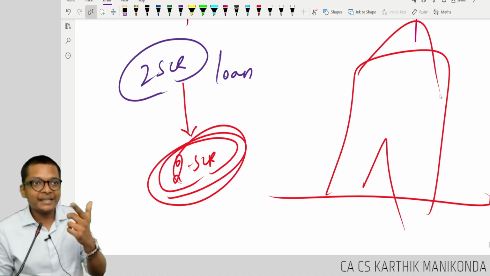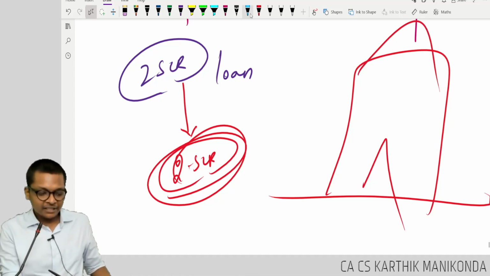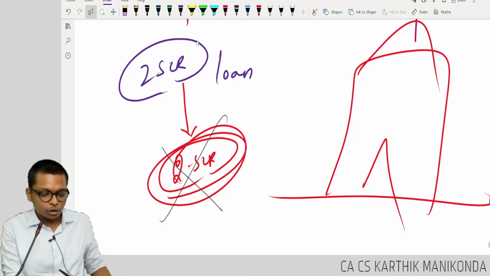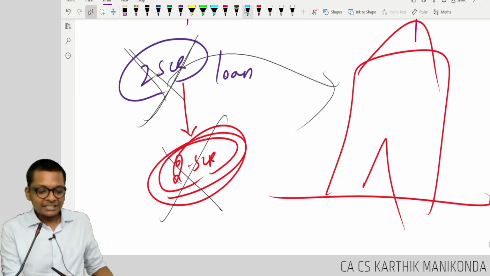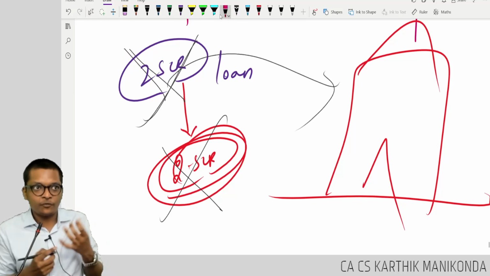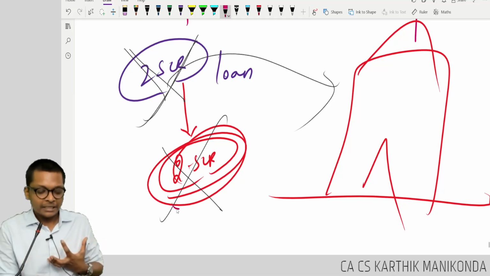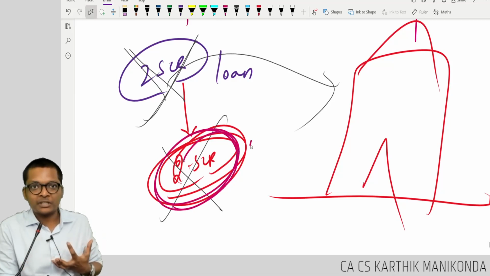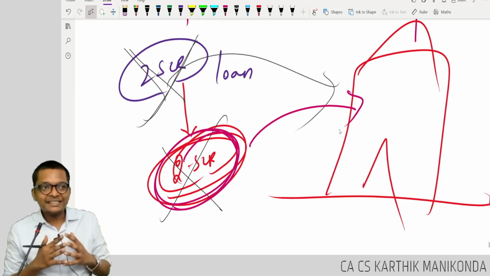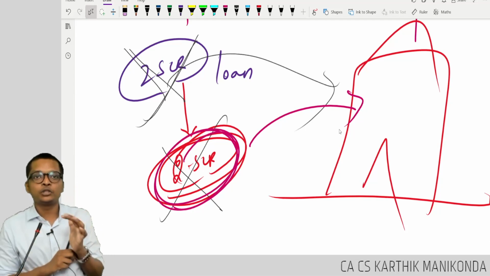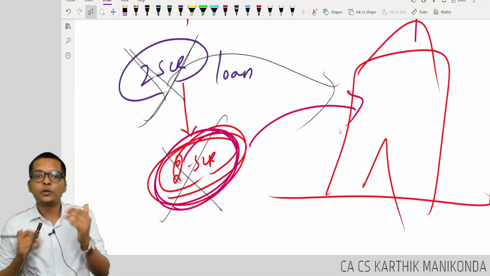Otherwise the house will not be ready, guys. If he is not paying the interest, he is not going to get the loan. If he is not getting the loan, he can't construct the house. So just like how cement is needed for construction of the house, interest also is needed for construction of the house. Are you following, guys? All these days in school and different levels you would have studied interest is debited to P&L.